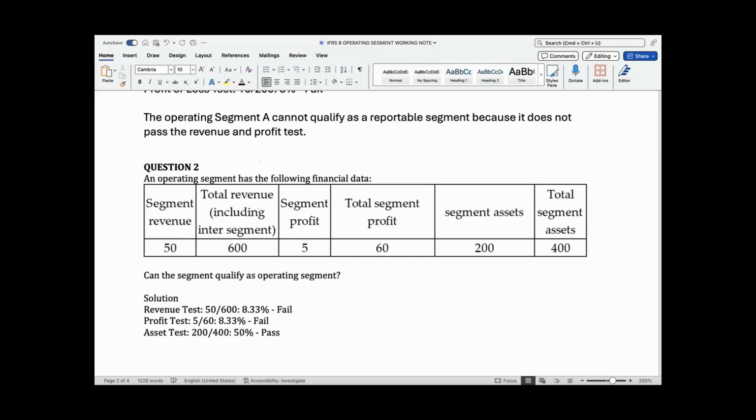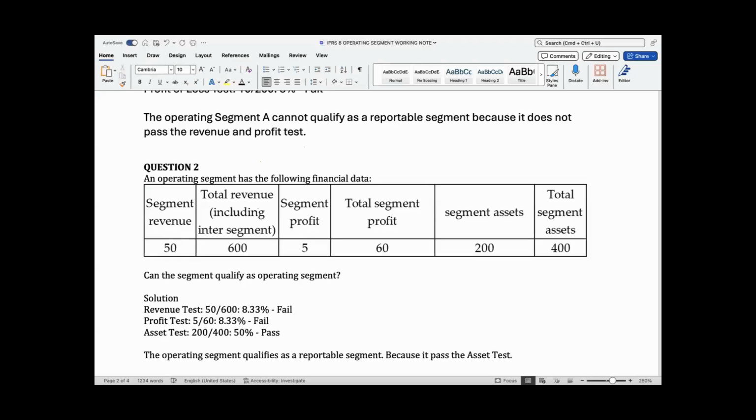So from the above, the operating segment qualifies as a reportable segment because it passed the assets test.